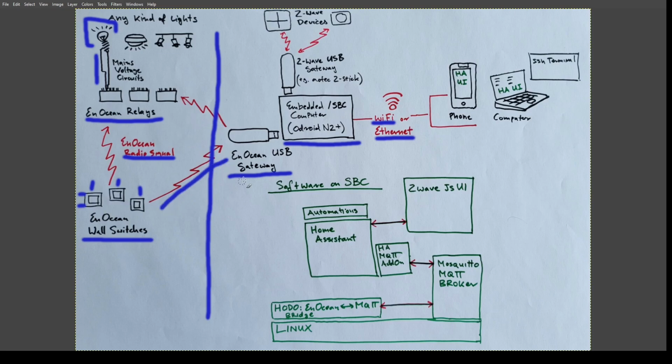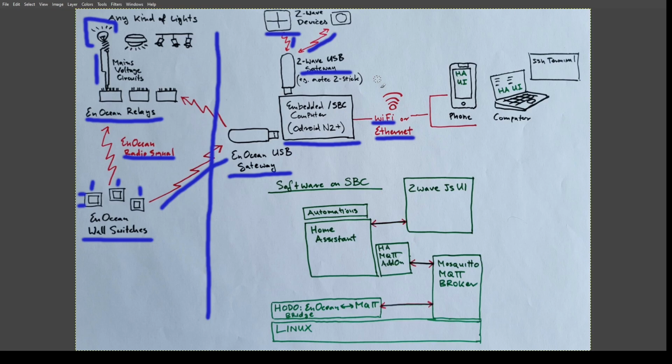Now, I also have a second stick here, and that's a Z-Wave radio stick from AOTech. That lets me have a separate new radio system with Z-Wave switches like the wall mote that I showed in my last video. So this Z-Stick listens to the Z-Wave communication. So now we have a computer that's able to read out all of those radio messages.